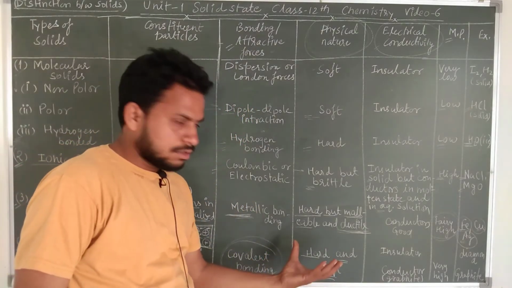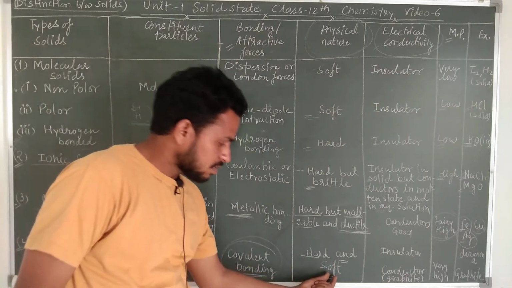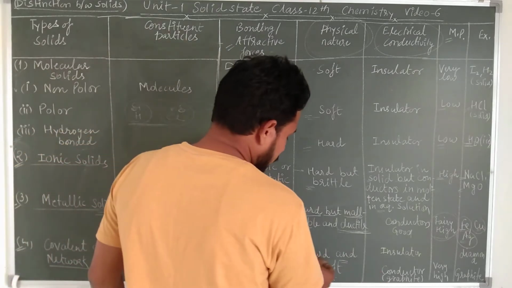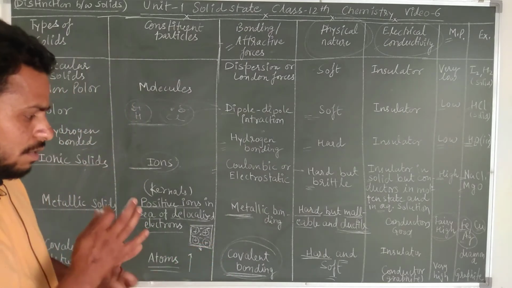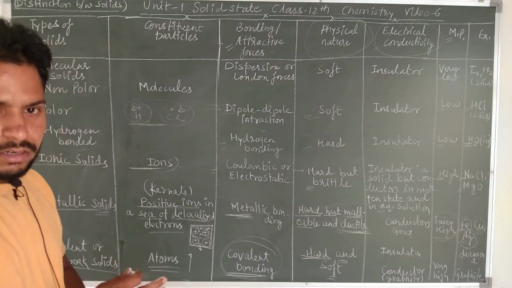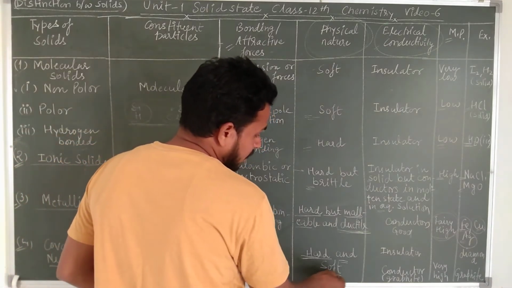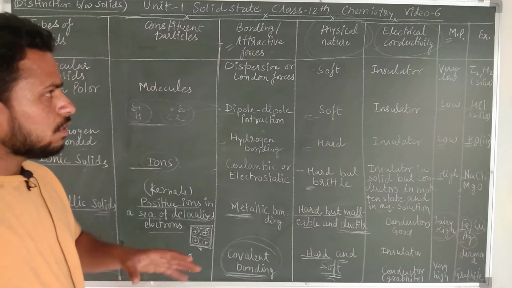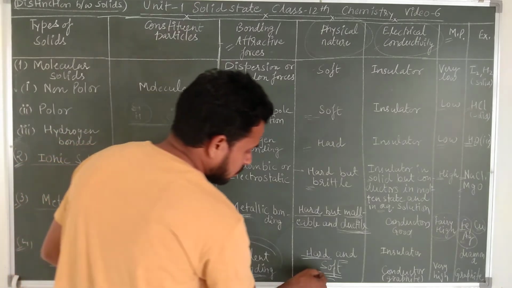In general cases they are hard, and in exception cases they are soft. If we talk about diamond, diamond is hard. If we talk about graphite, the physical nature of graphite is soft.